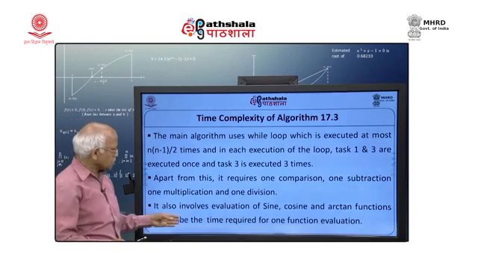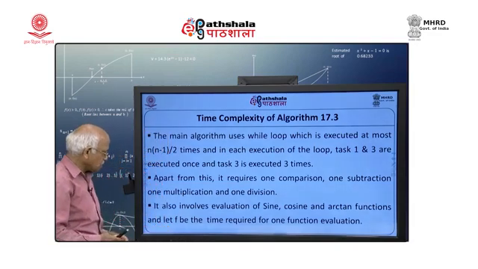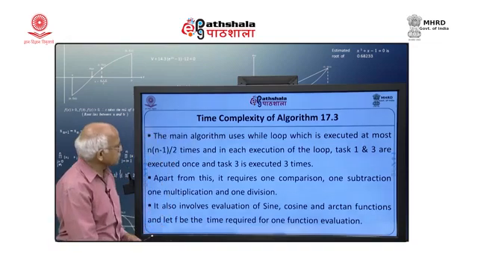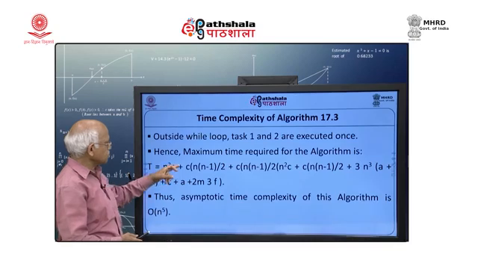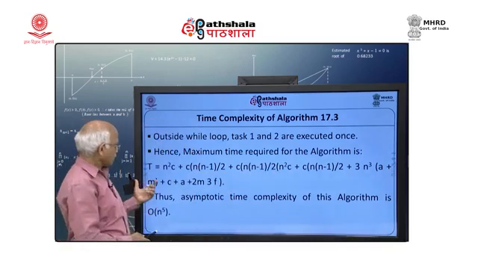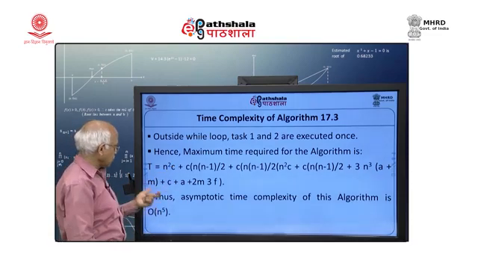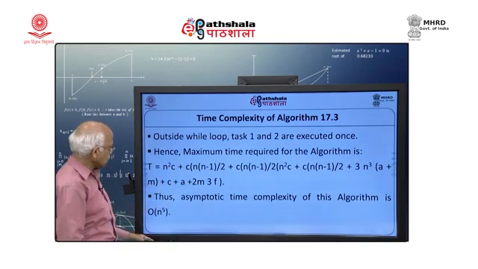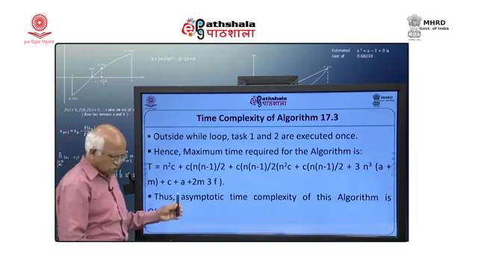It also involves evaluation of sine, cosine and arctangent functions, and let a be the time required for that. Collectively, the time complexity will be n square c plus c into this plus this, and ultimately the asymptotic time complexity will be order n raised to 5, which is very large. So, this is your Jacobi method.